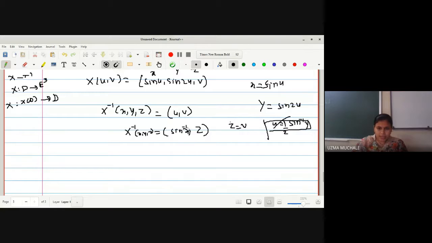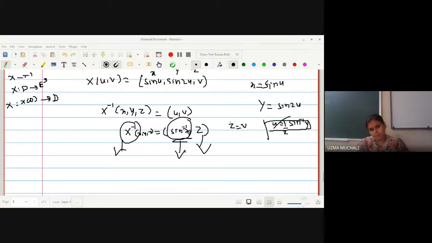So that's why we are checking whether sin inverse of x is continuous. z is a continuous function. So if we want to show that x inverse is not continuous, we must know the graph of sin inverse of x. Is the graph of sin inverse of x continuous? Yes. Is it so difficult?